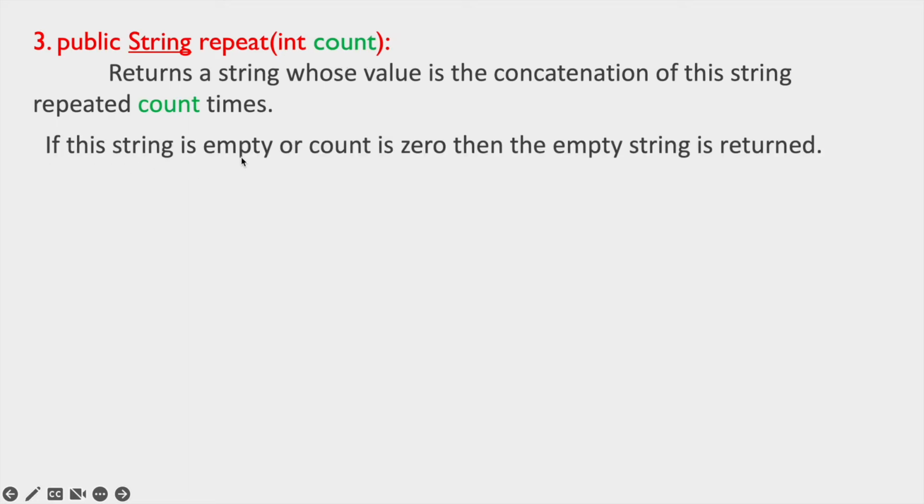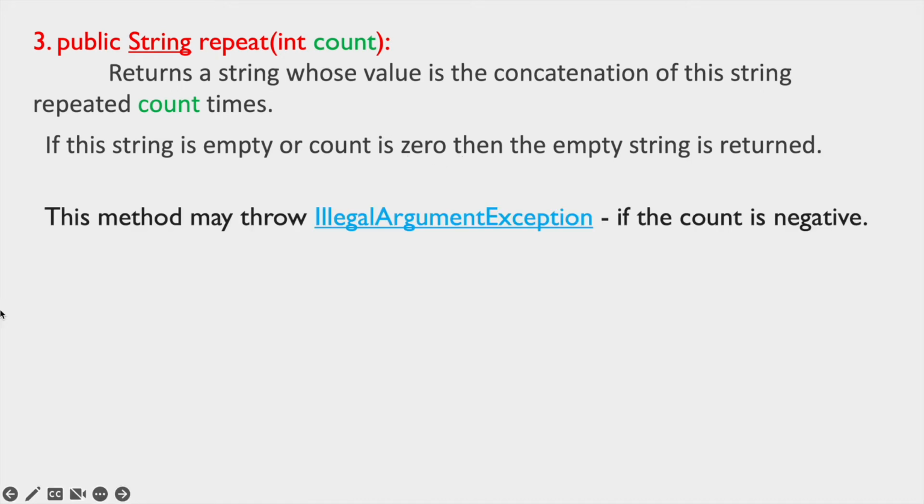If this string is empty or count is 0, then an empty string is returned. That means applying the repeat method on an empty string will be of no use; it will return an empty string only. Or if you apply the repeat method on a string with 0 count, it will return empty only.